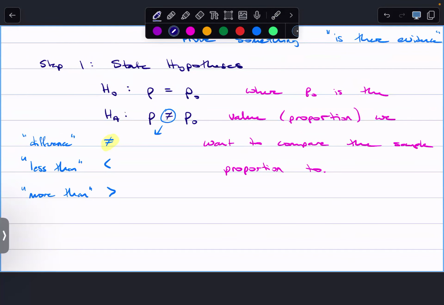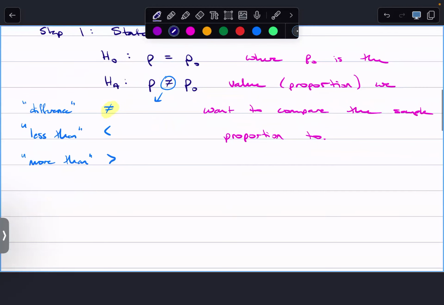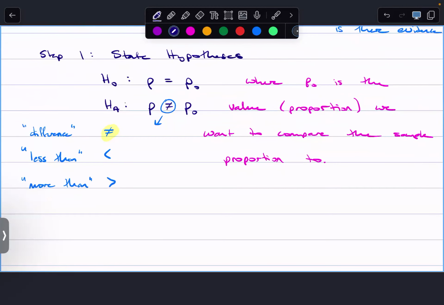So stating the hypotheses is the first step, arguably the hardest, because you have to decide what type of question you have and figure out what P naught is from the question. But after that, you're kind of on rails. We should check the conditions here, but I didn't introduce them last day.